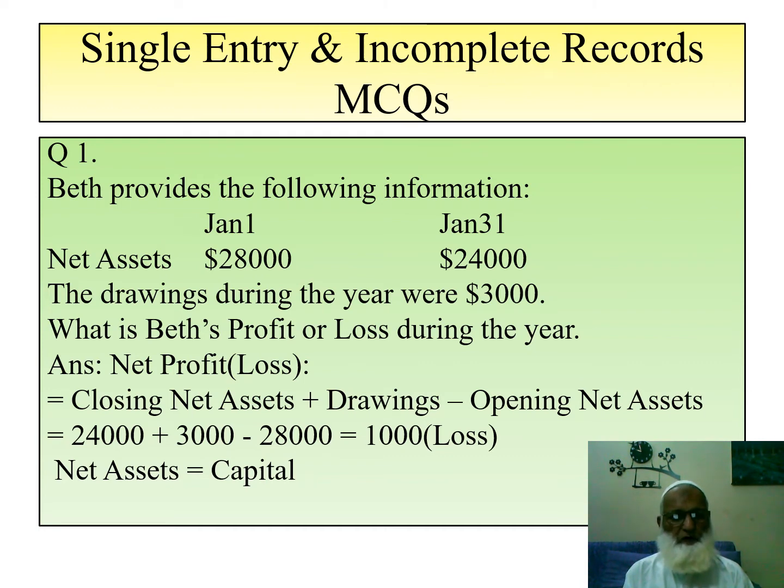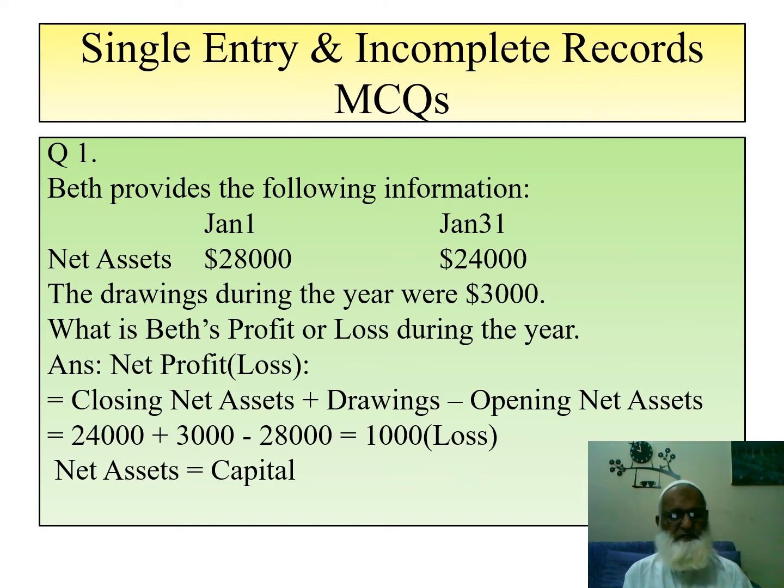Net profit or loss is equal to closing net assets plus drawings minus opening net assets, as net assets are always equal to the capital. This is an understood formula. So we just put in the figures over here.